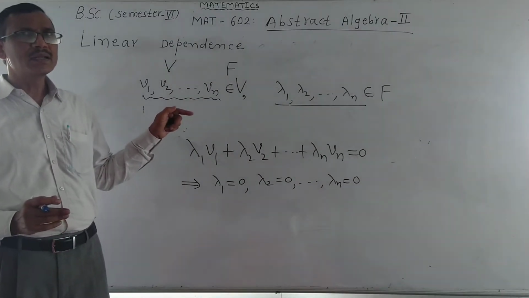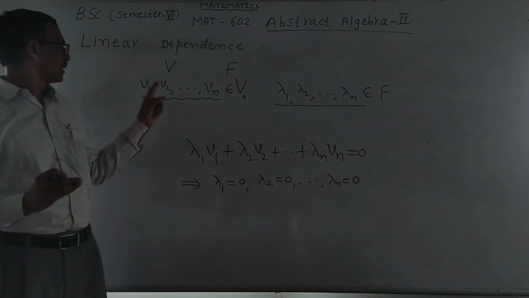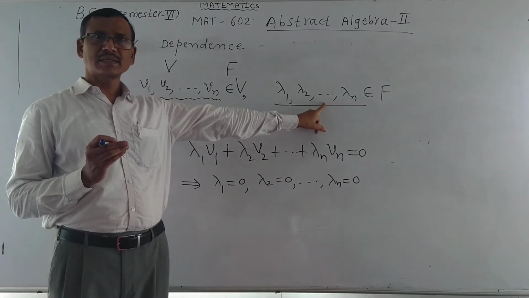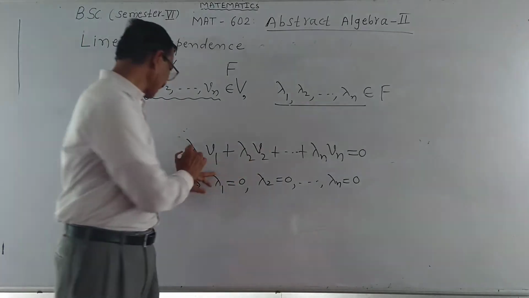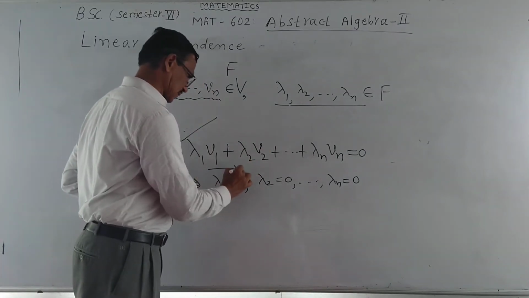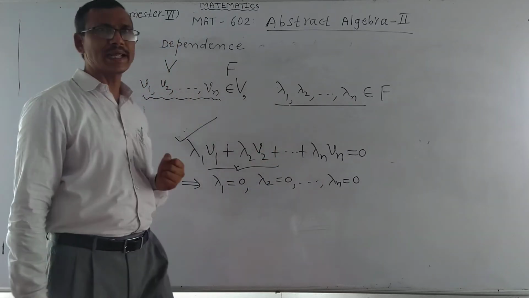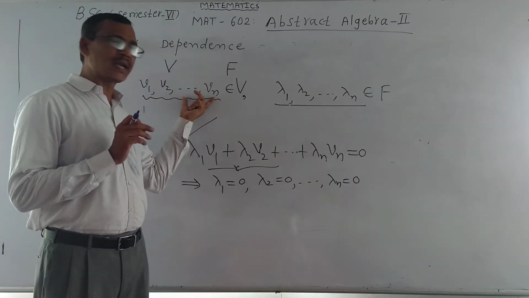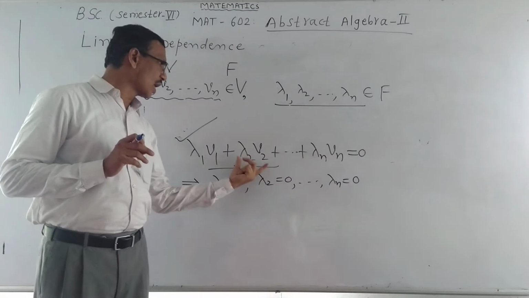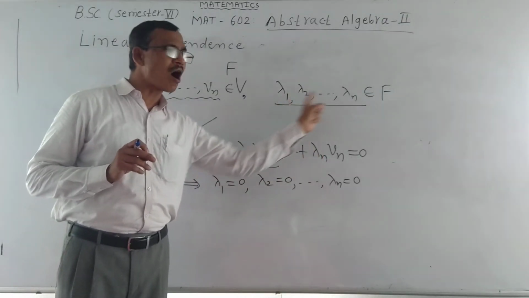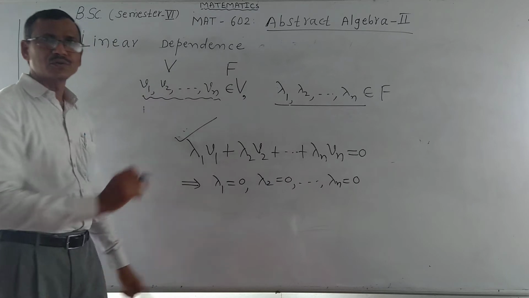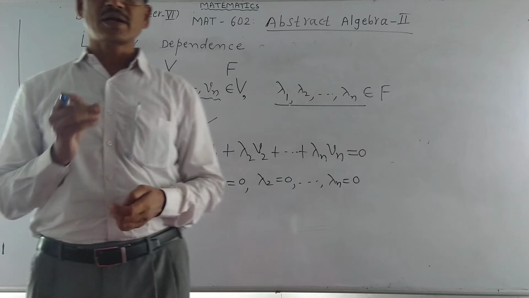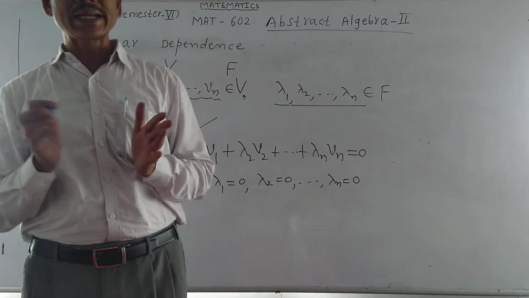What is the difference between linear dependence and linear independence? These vectors are called linearly dependent if there exist scalars not all 0 satisfying this condition. Up to this. Okay? Then these are called linearly dependent. For linearly independent, the linear combination must be equal to 0, but all scalar coefficients must be equal to 0. Then these vectors are called linearly independent vectors or linearly independent elements. Are you getting the difference?